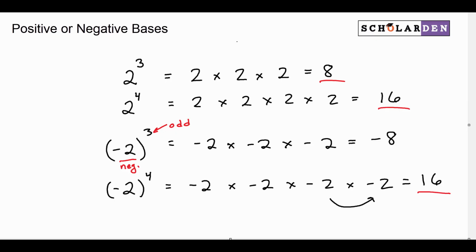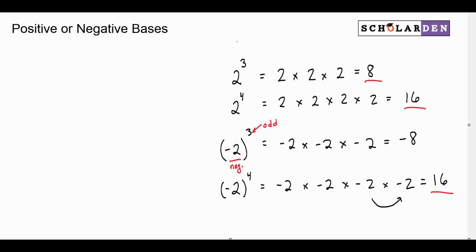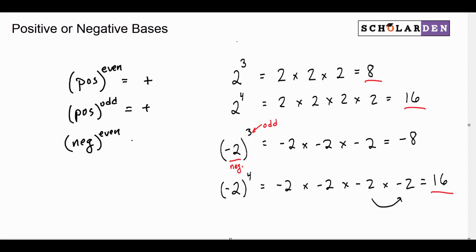So let's write that rule down. A positive number to an even power is positive. A positive number to an odd power is positive. A negative number to an even power is still positive.